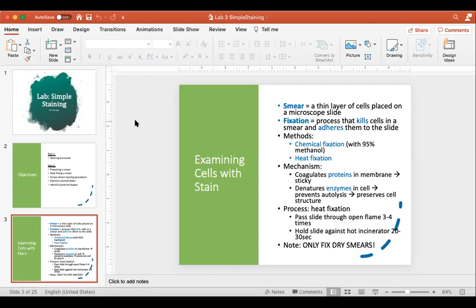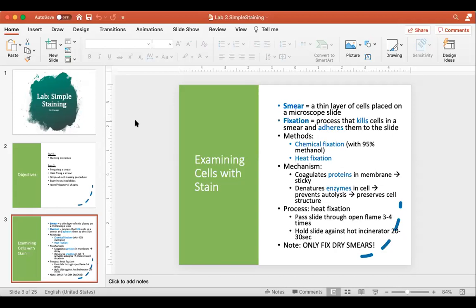And by coagulating it, it makes it a little bit sticky. Now, there are lots of different proteins sitting in the membrane of a living cell, including your cells and my cells. But particularly, there are enzymes that end up getting coagulated during this fixation process.